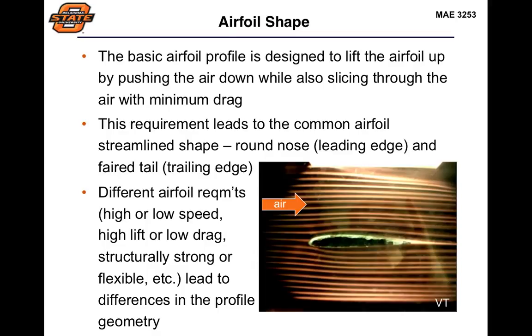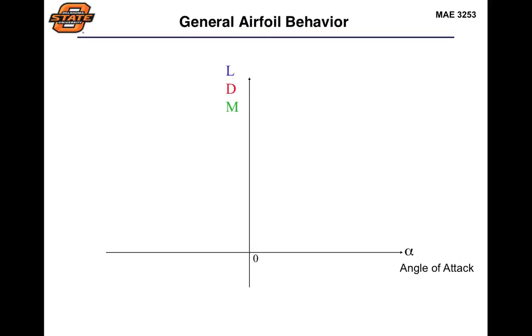of attack. Now, what we want this method to be able to predict is the behavior of the lift, the drag, and the moment, or the non-dimensionalized values of those two forces and one moment, about the angle of attack.